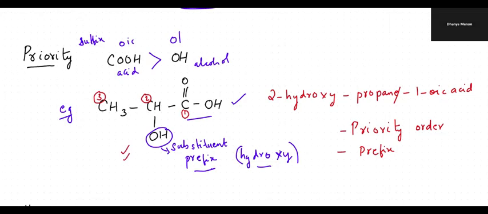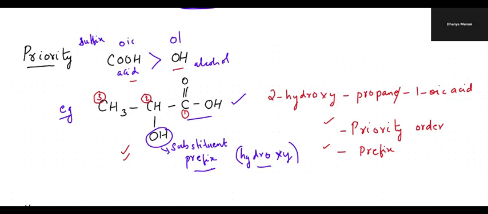And for substituents, we use the prefix. And the primary functional group here is acid, because the priority of acid is more than that of alcohol. I hope I'm clear. So now we will discuss the priority order, and then the different prefixes that are used for different substituents.